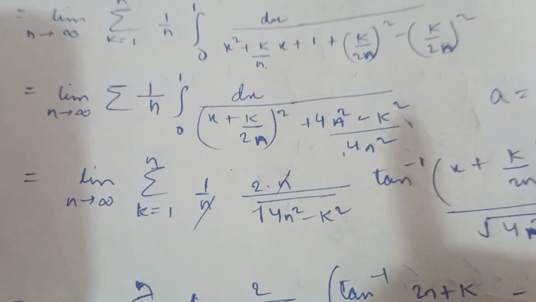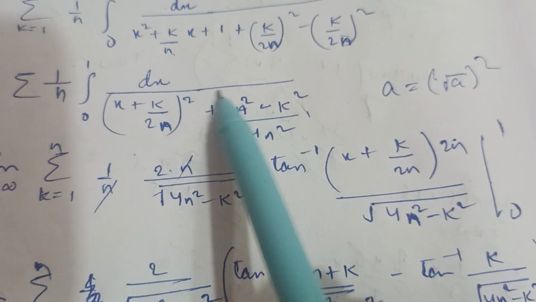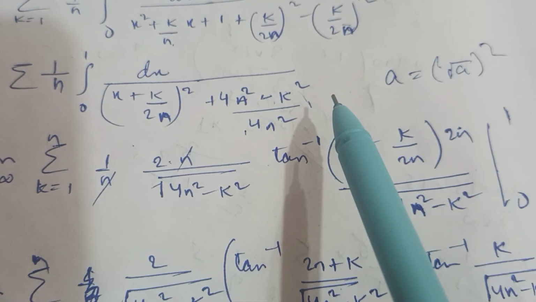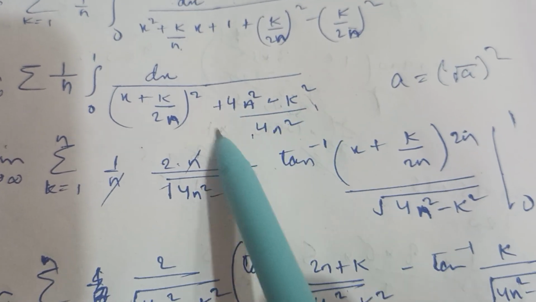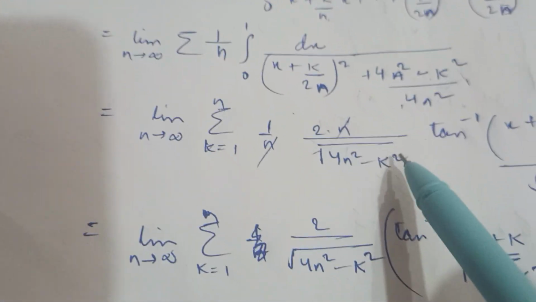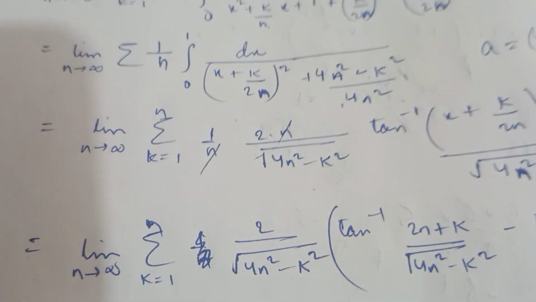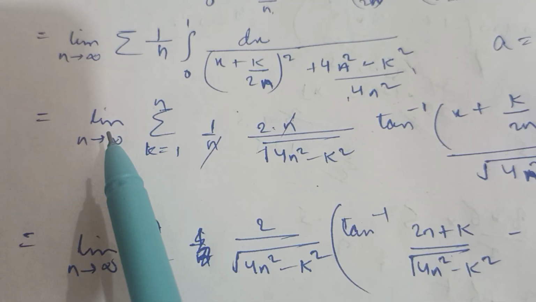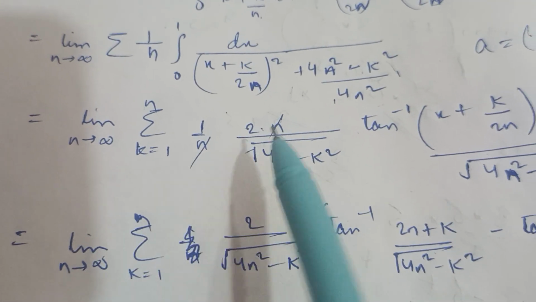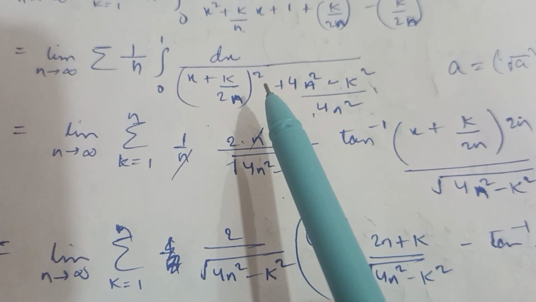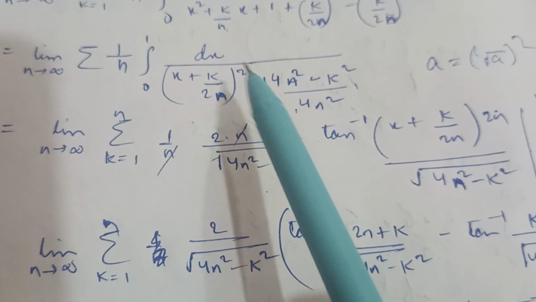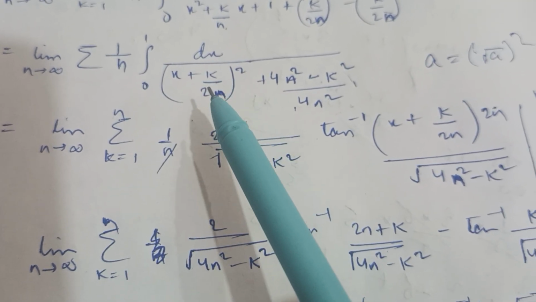Now the next step will be, as I said, I will write this as something like that. Just a is this whole value. Now I hope you got the gist of this method. Now limit n approaches infinity, these all things are the same. I am writing it as 1 upon x square plus b square.